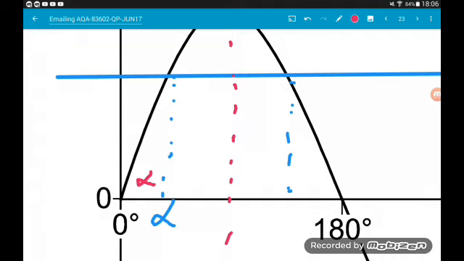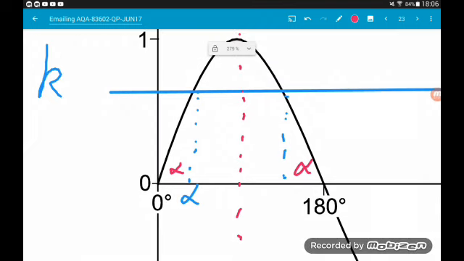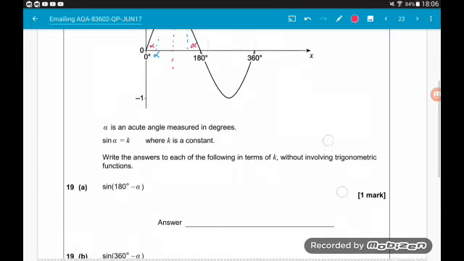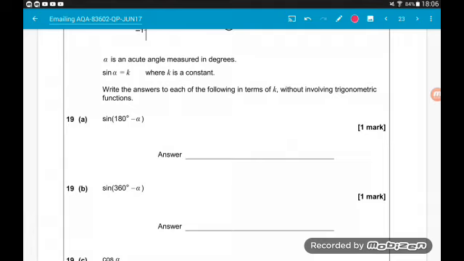So 180 minus alpha is alpha degrees back from 180. So sine of 180 minus alpha is actually just going to have exactly the same solution as sine of alpha, which is k. So k is our answer to part A.